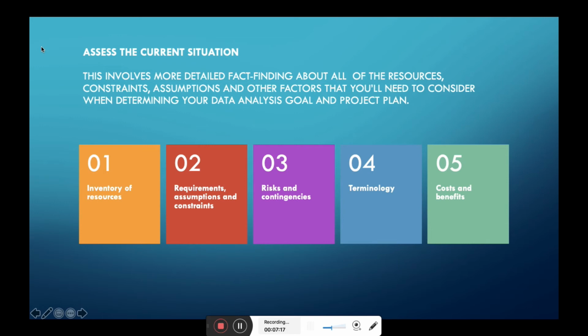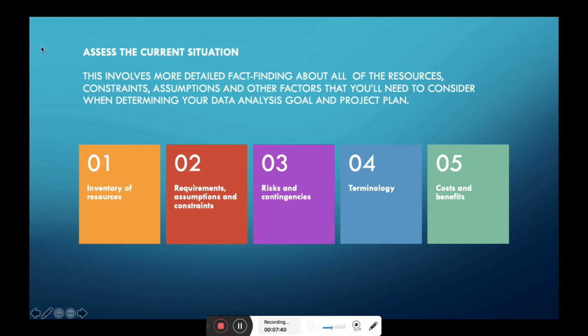Here also we have divided it into 5 stages: inventory of resources, requirements, assumptions and constraints. Stage 3 is risk and contingencies. Stage 4, terminology, and stage 5 is cost and benefits. Now, coming to the first step, which is inventory of resources.